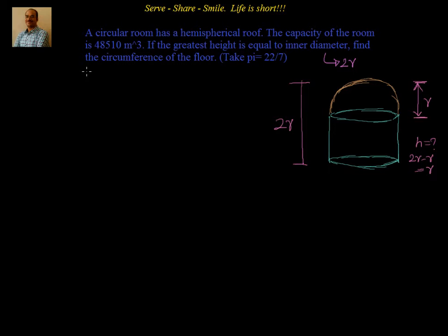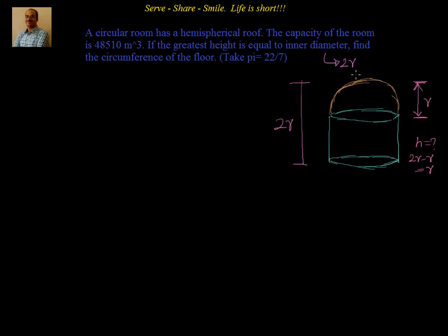Let's try to summarize what we have done. A circular room, that's nothing but a cylinder, has a hemispherical roof. So it's a combination of a cylinder and a hemisphere. The capacity of the room is 48,510 meter cube. We have been given the volume. They can also say in another way, the volume of air in the room is 48,510 meter cube. Both are the same.